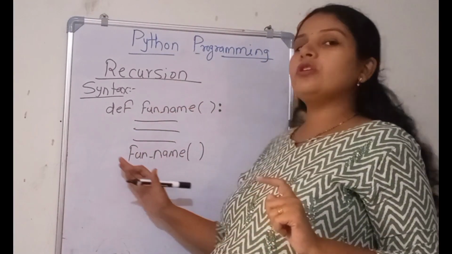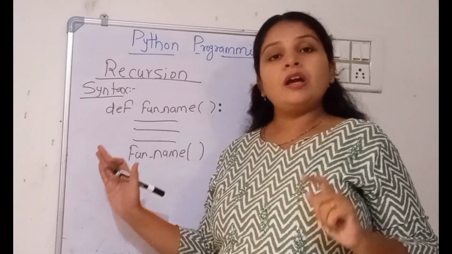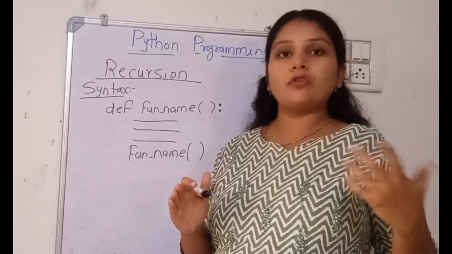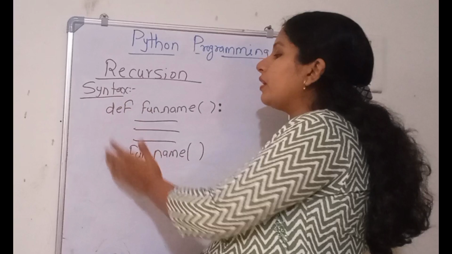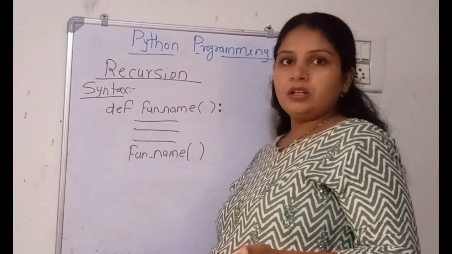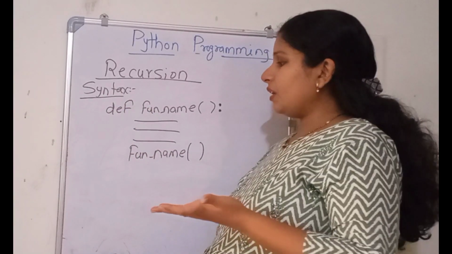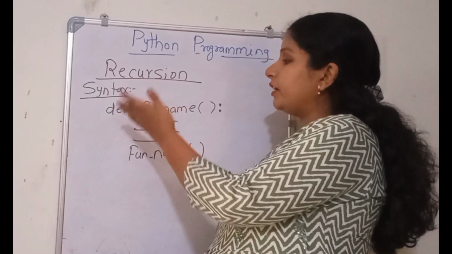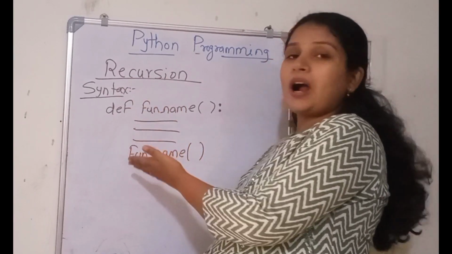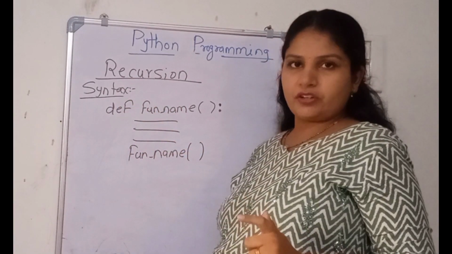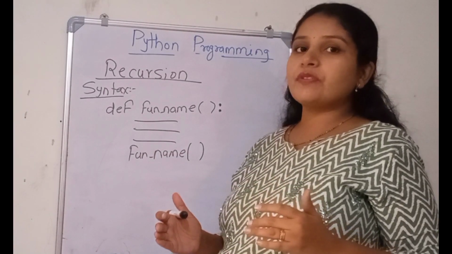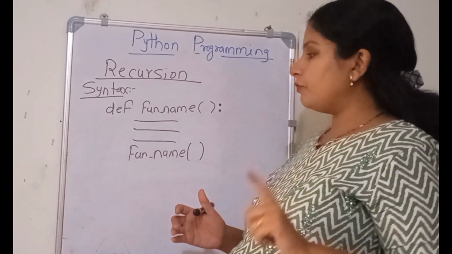Now this is your function definition, but you need to call the function for the first time, because if you are writing only this in the editing window, then you can't reach the definition of your function, right? You need to call this function in the main program first.